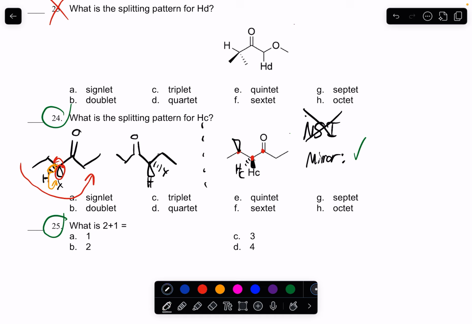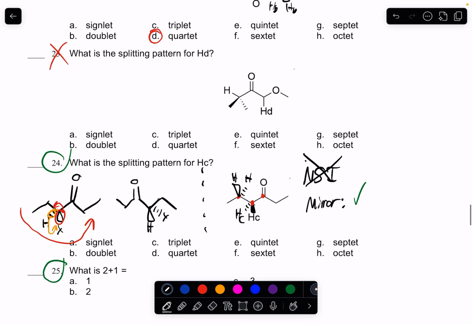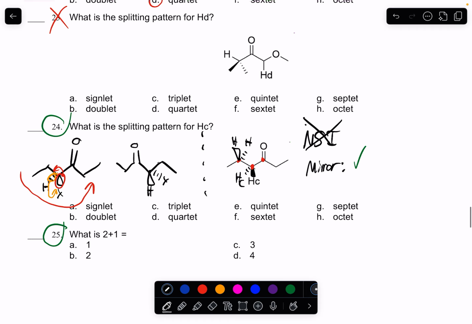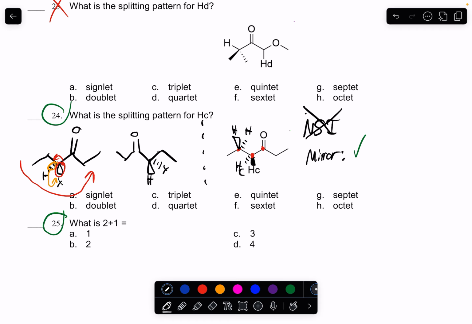We check to see H and H. And if you are to do the replacement test, they will be the same, especially since, like I said, there's symmetry straight through the molecule. So these would be, I'll just say HB, HB. And so how many protons are there? 2 plus 1 equals 3. It's a triplet.